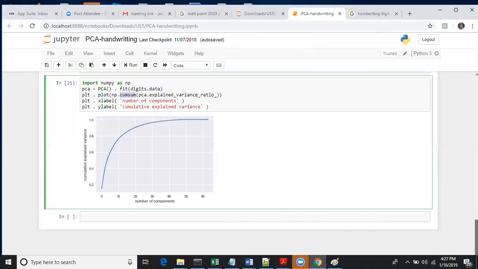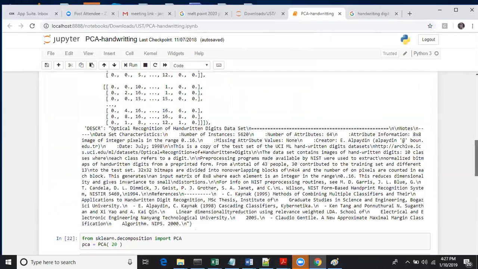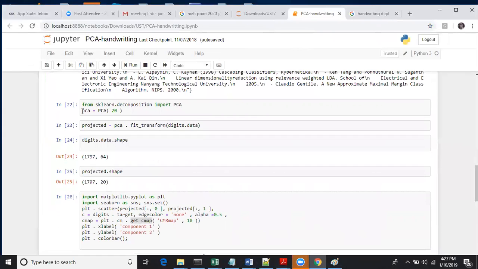After we know that 30 components are required to retain most of the information, here we can change it. This is the header: from sklearn.decomposition import PCA. You can change it to 30.